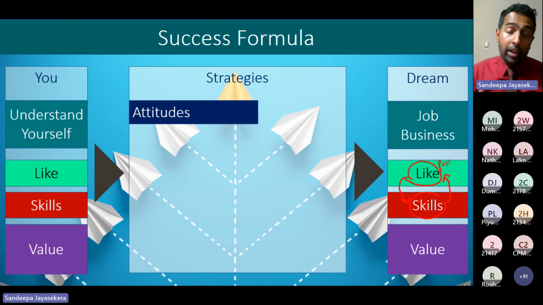Hire the attitude, train the aptitude. Even I follow that in my own organization where I have 600 odd employees. Whoever is hired in my company, I do the final interview and I'm not checking the certificates or whatever. I check the attitude because I believe if you're a good person, then for other things we can do something about it, right? The first and the most important thing is attitude.